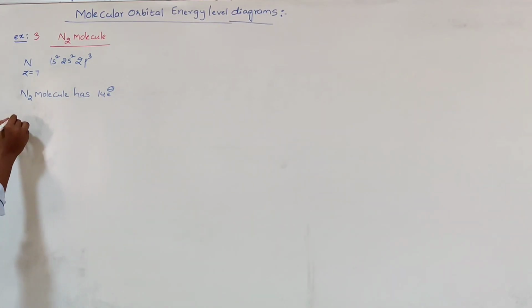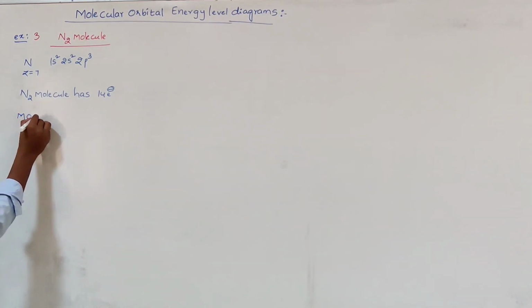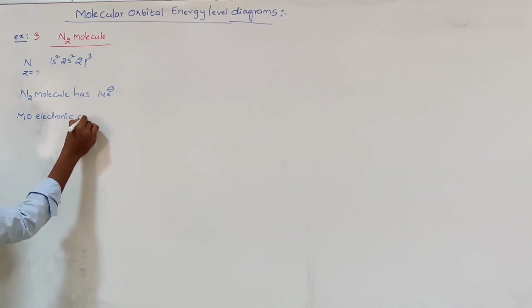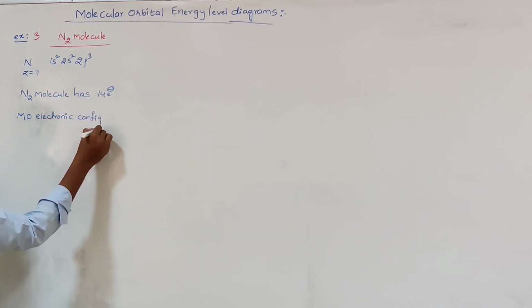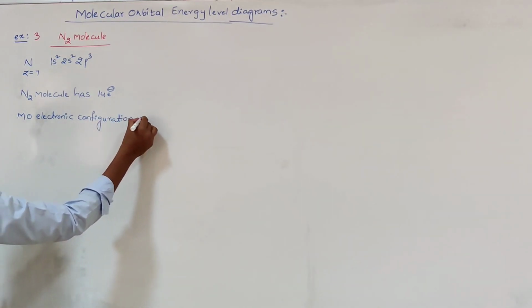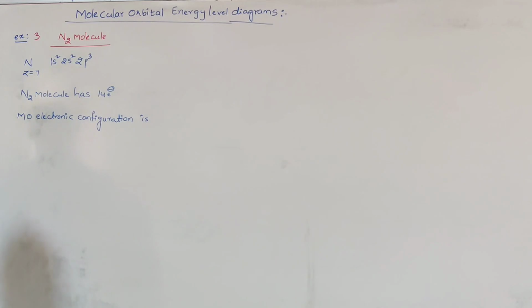So now the molecular orbital electronic configuration: it has 14 electrons. What is the configuration?